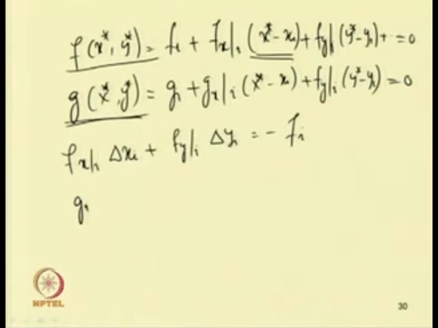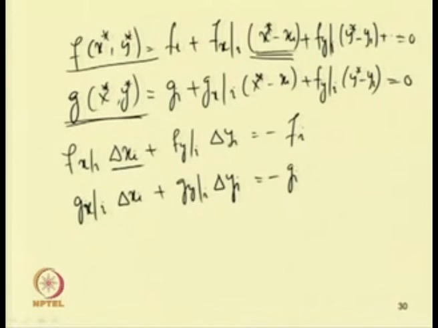Similarly, I can write g_x,i delta x_i + g_y,i delta y_i equal to minus g_i. Here delta x_i and delta y_i are the corrections. One can write these two equations in matrix form also.